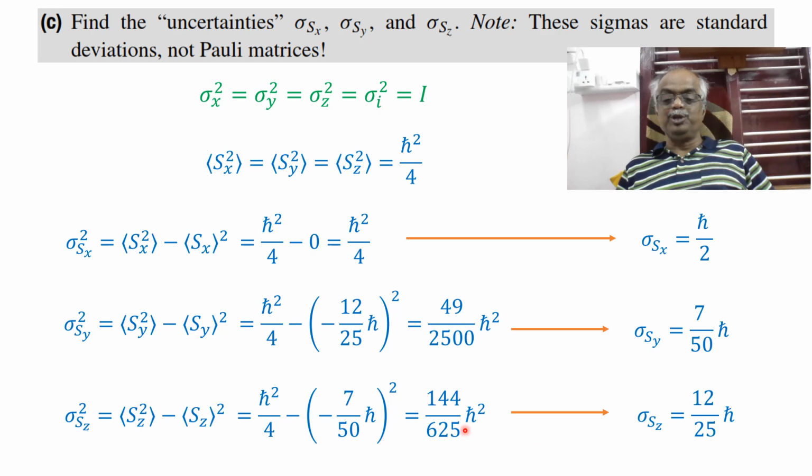So naturally, if you take the square root, σ_Sz is equal to 12 over 25 ħ. Because we know the expectation value of Sz, in section B we have seen it, is minus 7 over 50 ħ. So if you square it and subtract this from ħ² over 4, you will get this, and if you take the square root, you will get 12 over 25 ħ.